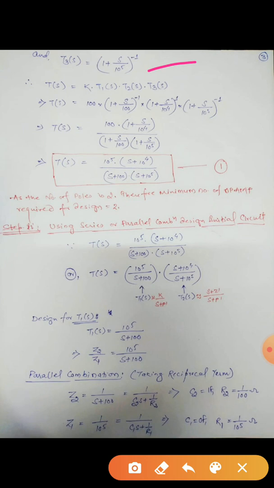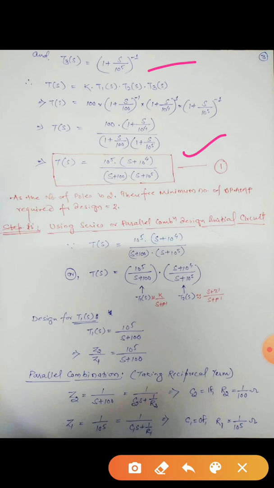You can easily calculate all of these, T1 of s, T2 of s and T3 of s. So by equation number 1, the final value of T of s will be equal to k into T1 of s into T2 of s into T3 of s, and after simplification you can get the final equation as 10 to the power 5 into s plus 10 to the power 4 divided by s plus 100 into s plus 10 to the power 5.